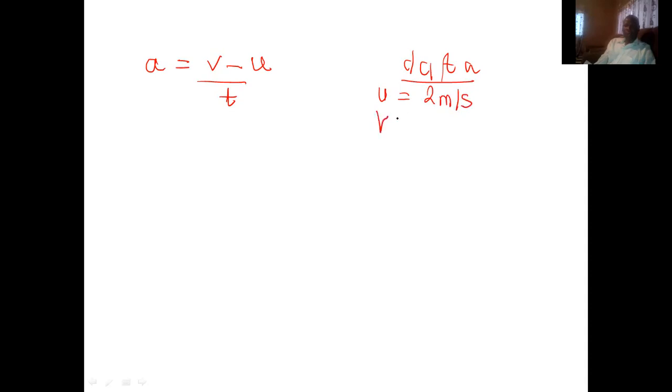We are aware that the acceleration is equal to final velocity minus initial velocity over time. So we can tabulate the data of what we are given in the question. The initial velocity is 2 meters per second, and the final velocity is 10 meters per second.